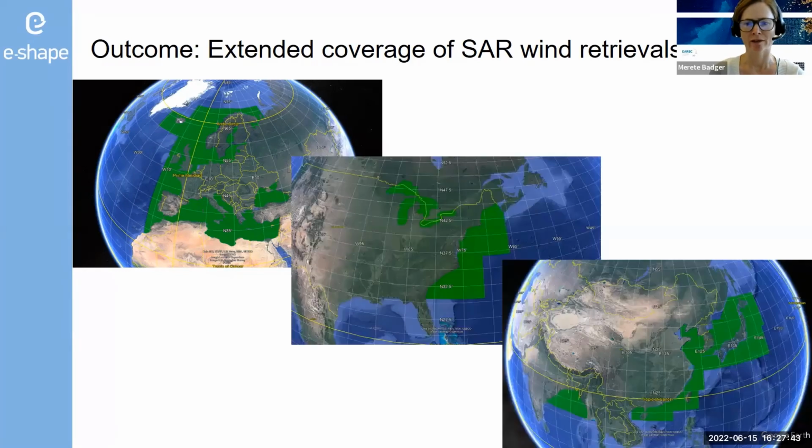We have now added most of the seas in Southeast Asia, and also the seas of the US East Coast and the Great Lakes. These areas are chosen based on the user interests. There's a lot of wind power development going on in those areas.